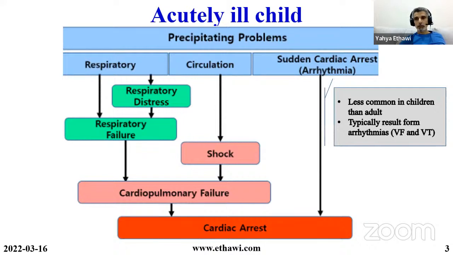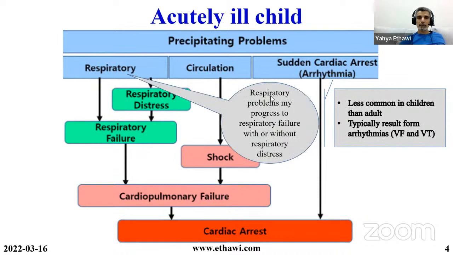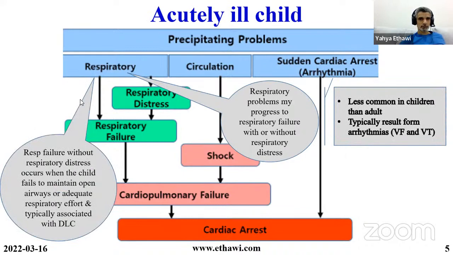Now, sudden cardiac arrest is very uncommon in children, and if it happens, it's usually due to VF or VT. The respiratory problem can cause respiratory failure right away, but sometimes it starts with respiratory distress.